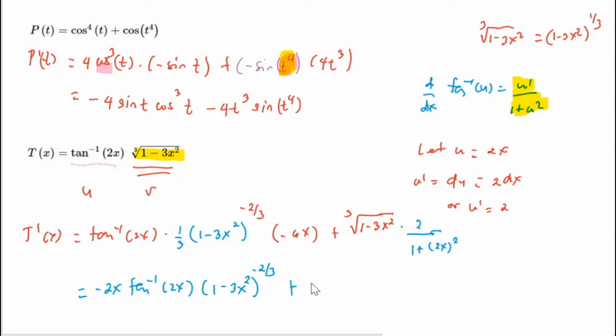We have 2 times the cube root of 1 minus 3x squared all over 1 plus the square of 2x, which means 4x squared. So that is now the derivative of the given function. We applied here u dv plus v du because there are two factors in the given function.